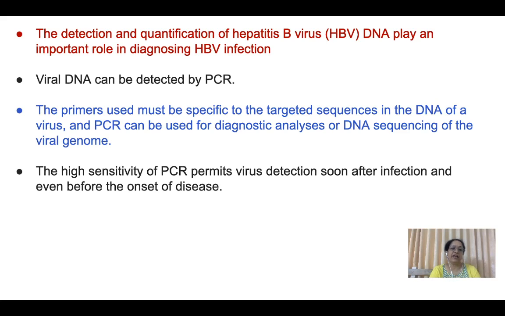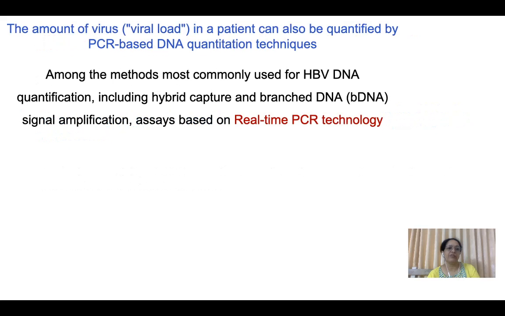And PCR can be used for a diagnostic analysis or a DNA sequencing of the viral genome. The high sensitivity of a PCR permits virus detection soon after infection and even before the onset of a disease. So it is a widely used technique for the laboratory diagnosis of hepatitis B.